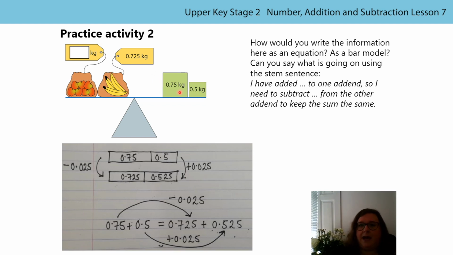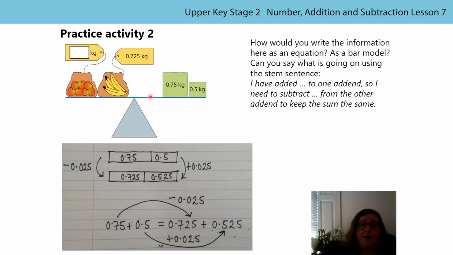And that helped me to work out really quickly that the change between these two addends is that this one had had 25 thousandths subtracted, or 0.025. And I've shown that change here on my bar model. 0.75 subtract 0.025 is 0.725.